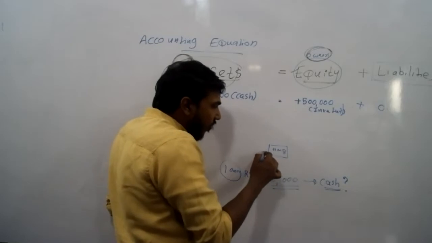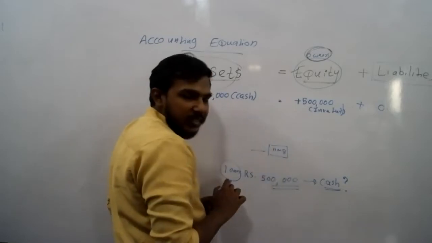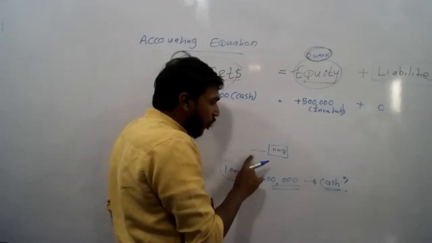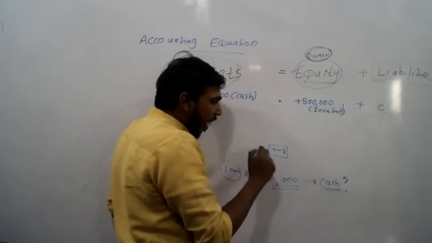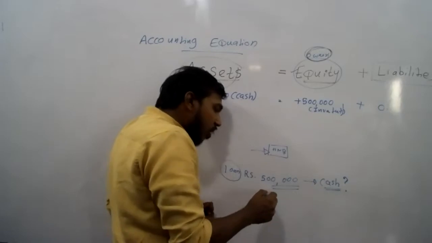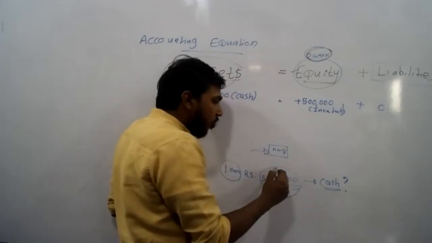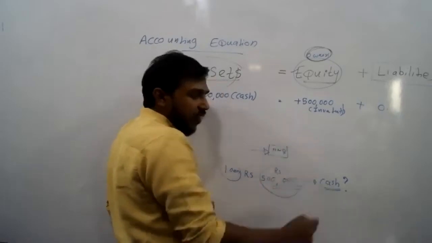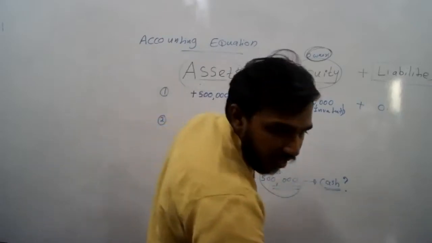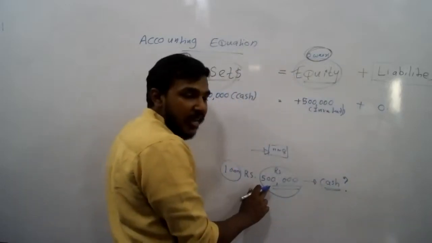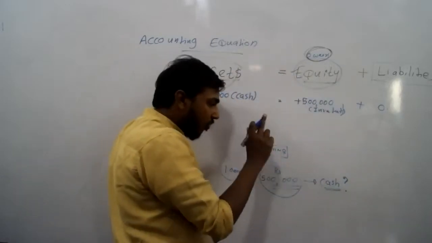You go to the bank without a single rupee in your pocket. Once you have obtained the loan, once you come out from the bank, you come with how much? Rupees 500,000 cash back. Right? You come with rupees 500,000 cash balance because they have granted you the loan.